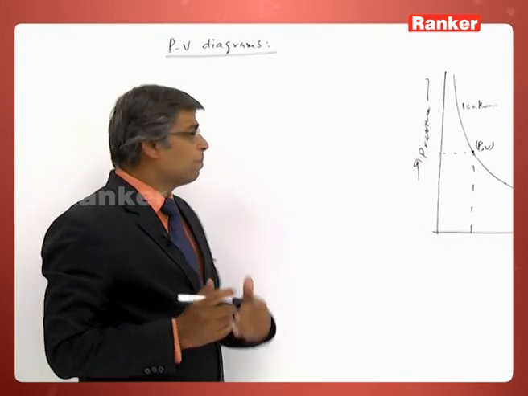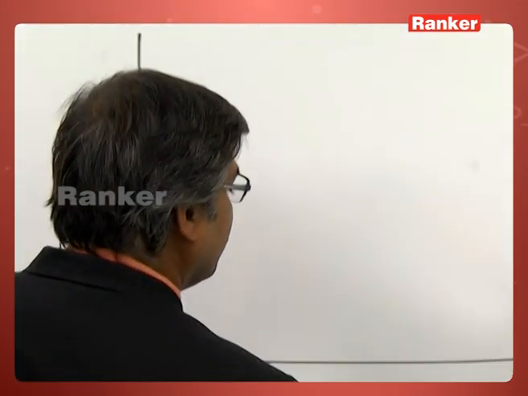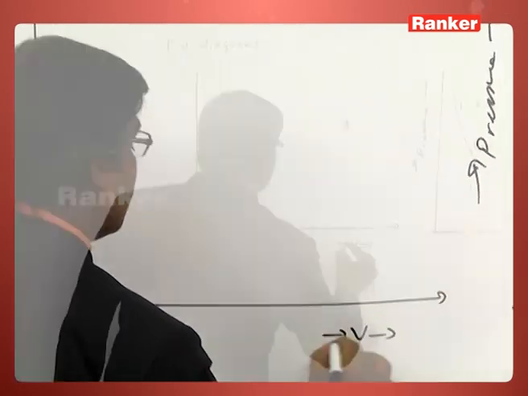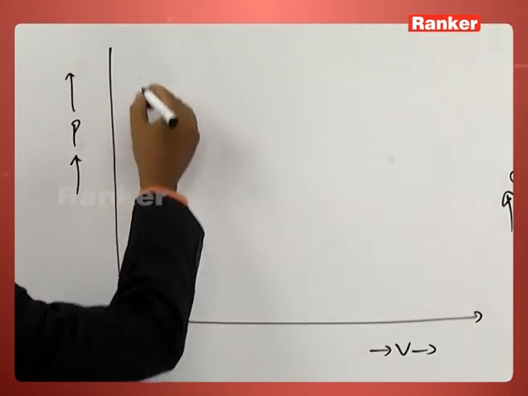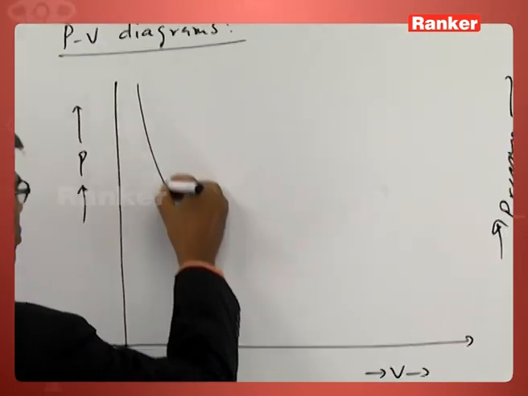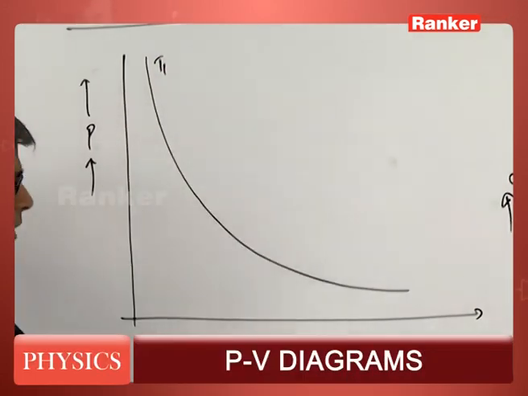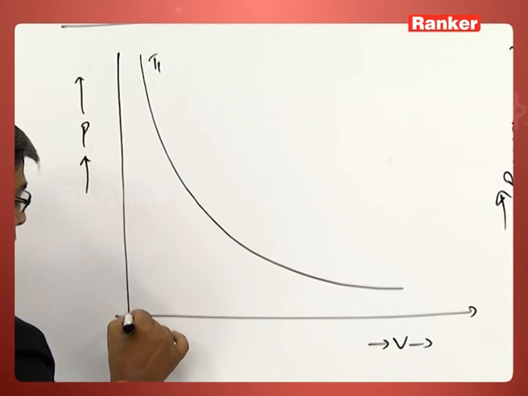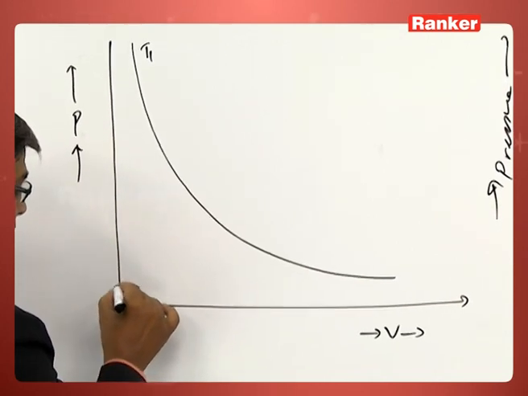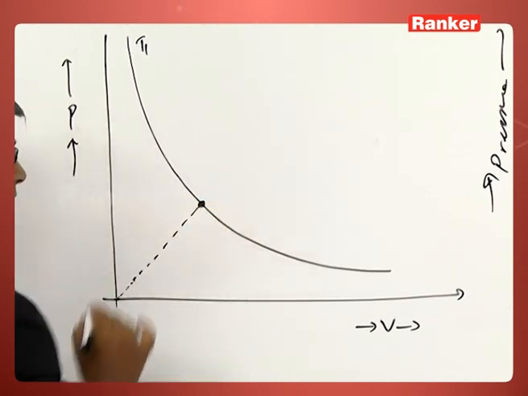Now, this is again the same indicator diagram. Here volume axis and here pressure axis. We have an isotherm of temperature T1. Now you see this is a rectangular hyperbola. If I draw a 45-degree line, it intersects at this point.